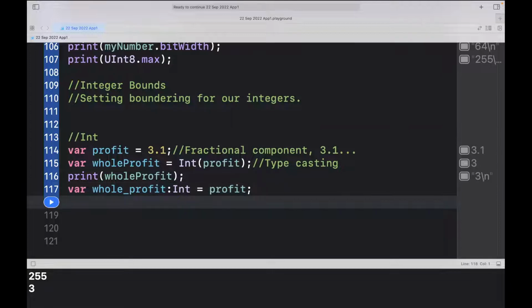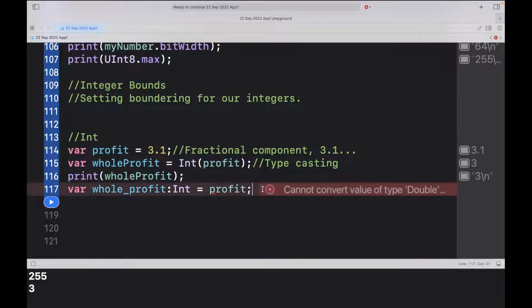Complain. Please complain. Okay, so it's complaining. It says it cannot convert double. So I guess it's only able to do so when we use typecasting, which is a form of function that transforms a floating point number to an integer.